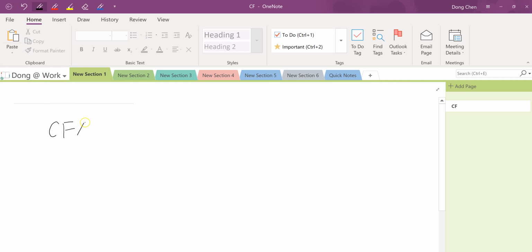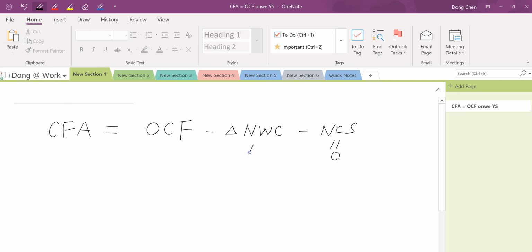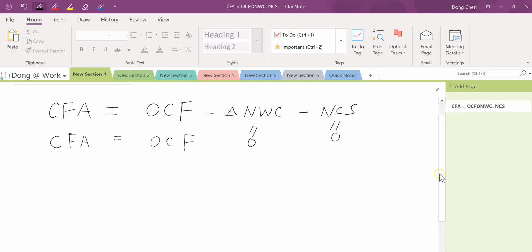First, the cash flow from assets, as we said, equals operating cash flow, because the other two terms, the change in net working capital and the net capital spending, are 0, hence CFA is simply OCF.